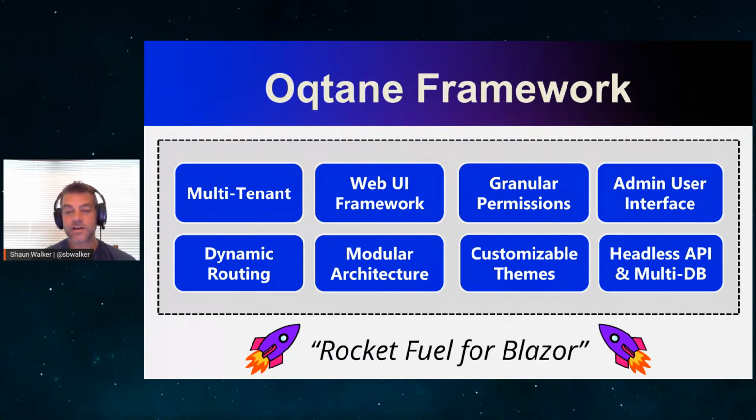You can build themes that are customizable. So much different than, I guess, the basic layout capabilities that standard Blazor provides. The theming capability that's available in Octane is more advanced. It's got a whole administrative user interface that's already built out.